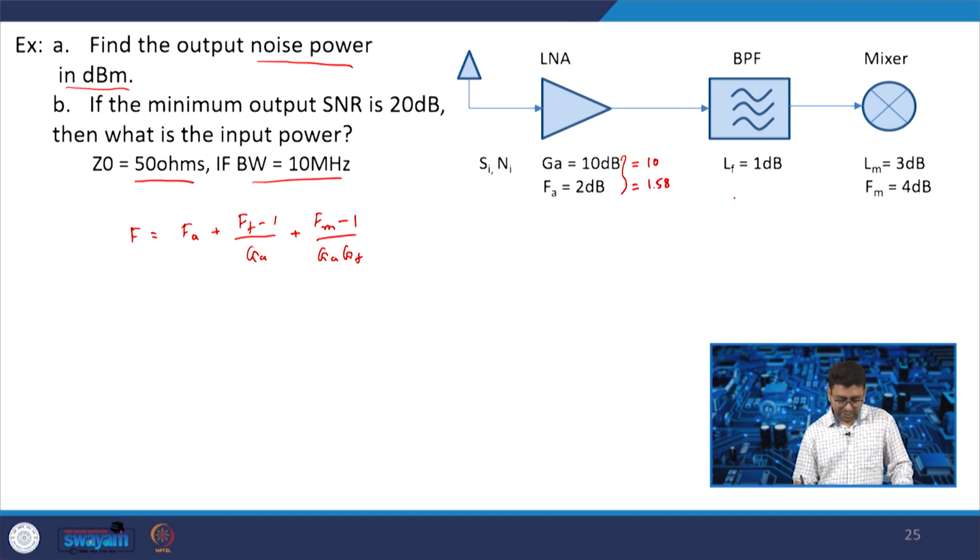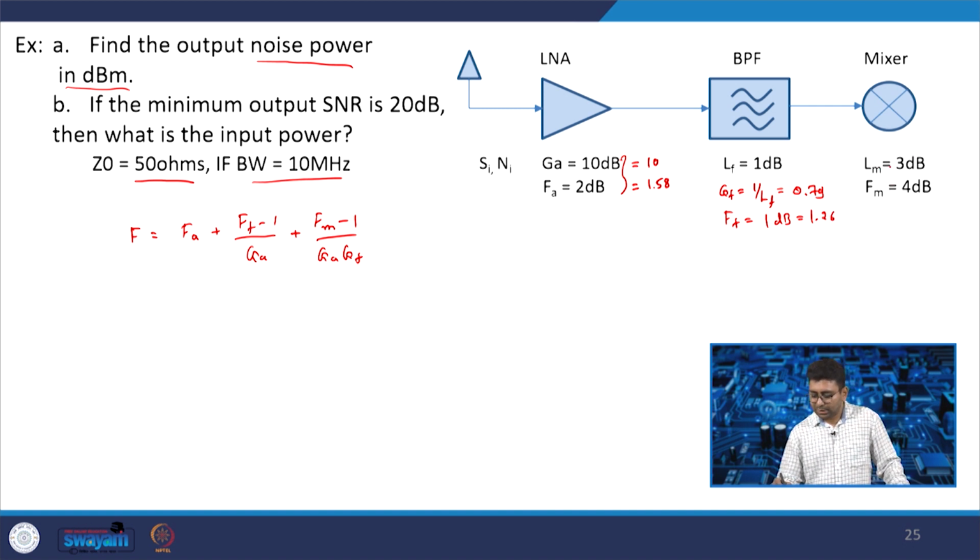Now, because the filter is a loss, you should write the gain as I already told in the last derivation, that gain is nothing but 1 by L F, so you will get 0.79, and then your F F is 1 dB, which is equal to 1.26.